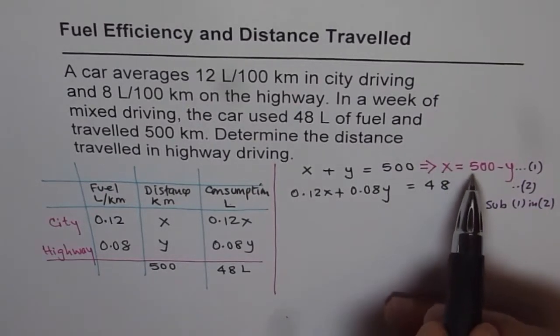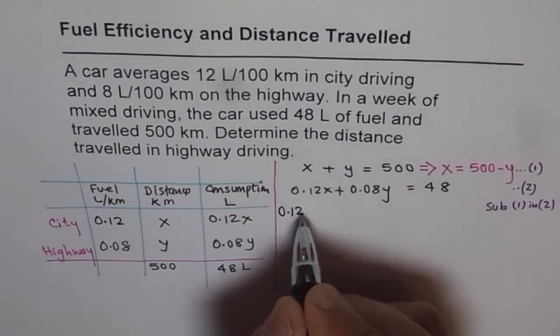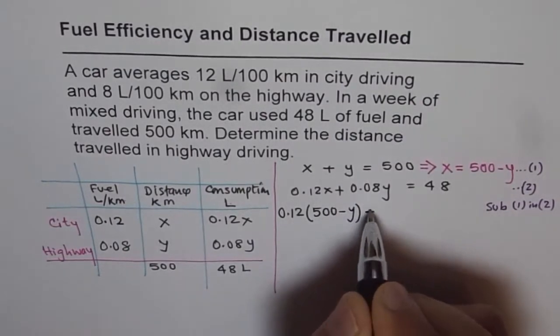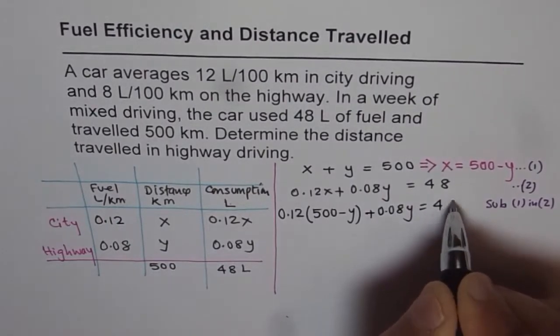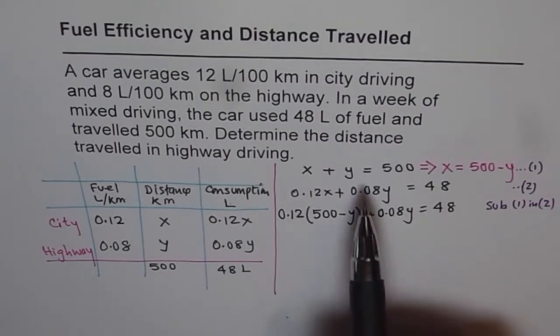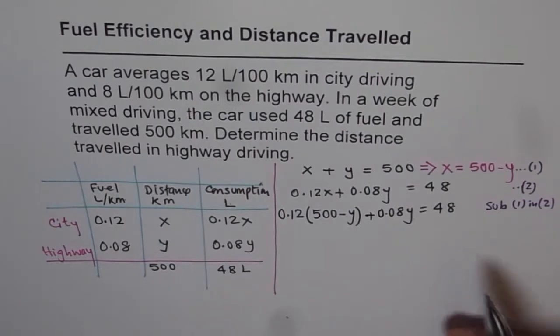When I substitute 500 minus y for x, what do I get? I get 0.12 times (500 minus y) plus 0.08y equals 48. Now we have just one variable, y, which represents the distance traveled on the highway. Once we find it, we have solved the question. You can take your calculator and do the multiplication. 0.12 times 500 is equal to 60.